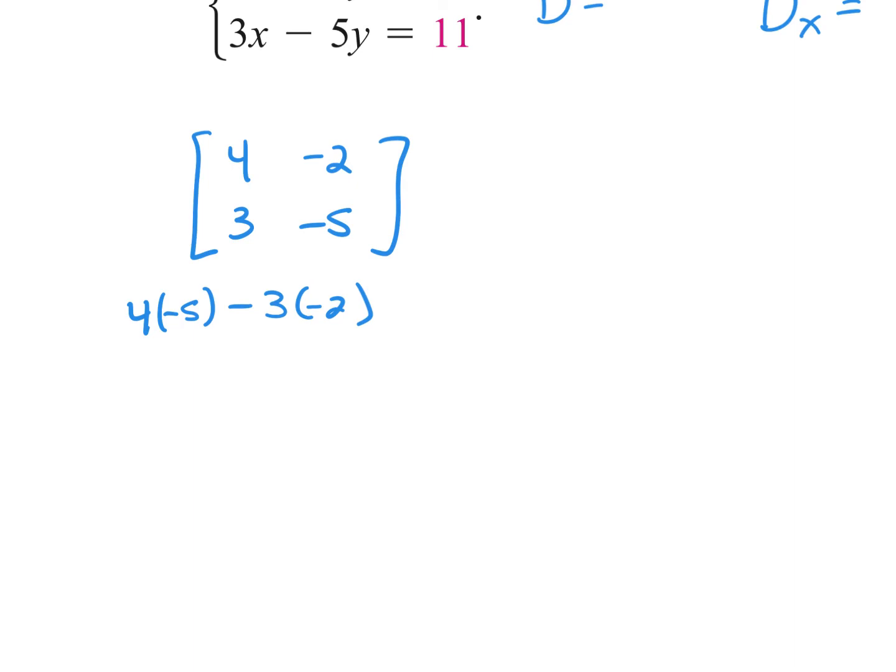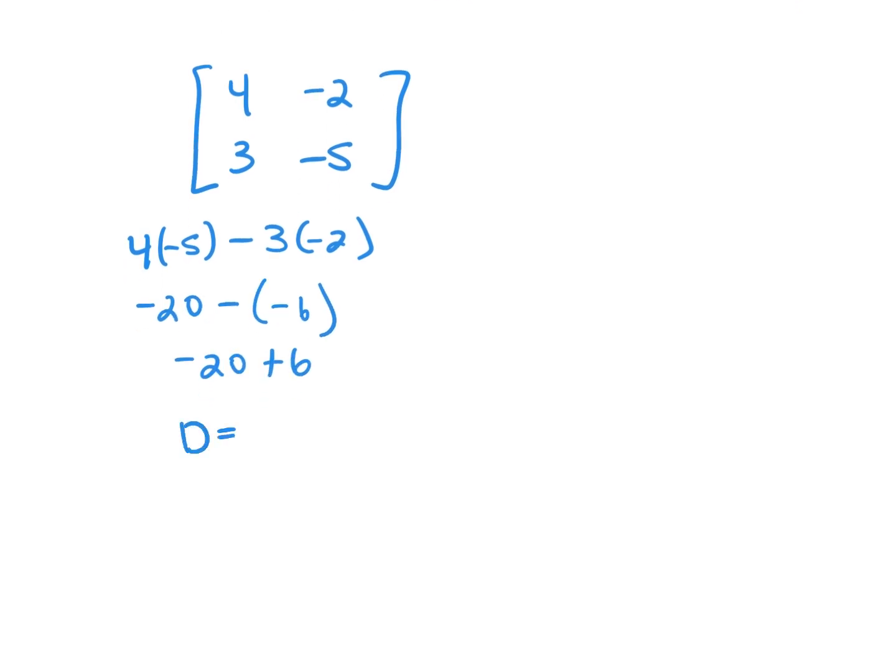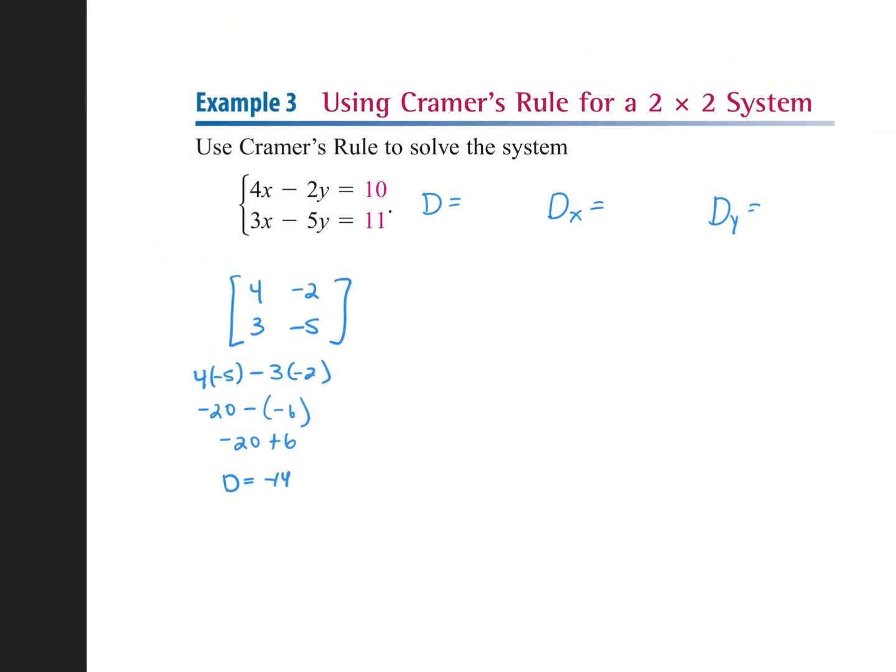What's 4 times -5? -20 minus, what's 3 times -2? -6. So I have -20 plus 6. Agreed? So my determinant is -14. Everybody okay with that?